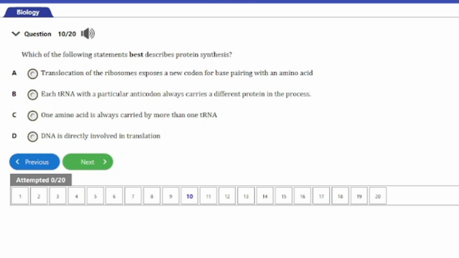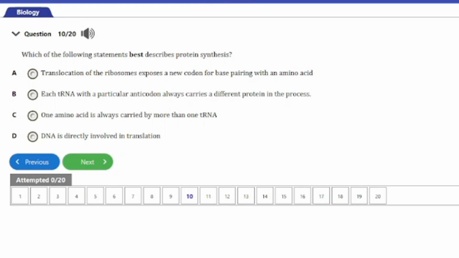Question number 10 here. It says, which of the following statements best describe protein synthesis? A, translocation of the ribosomes exposes a new codon for base pairing with an amino acid. B, each transfer RNA with a particular anticodon always carries different protein in the process.